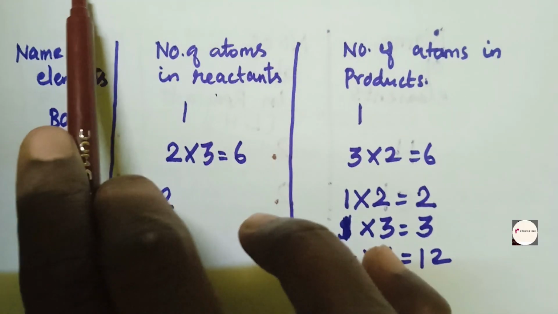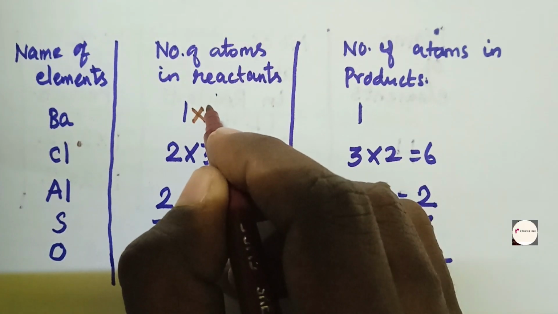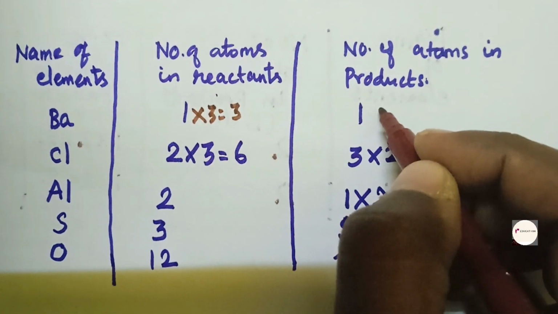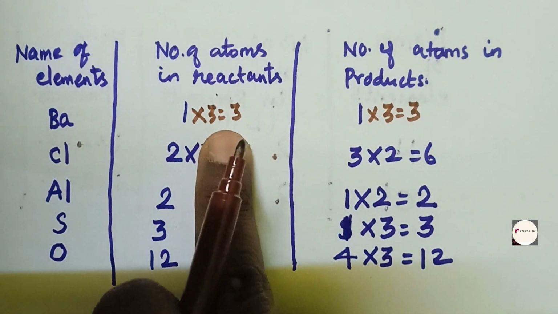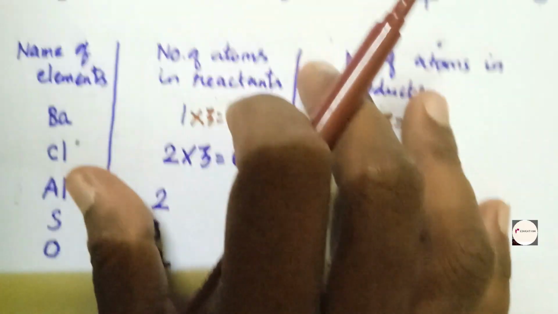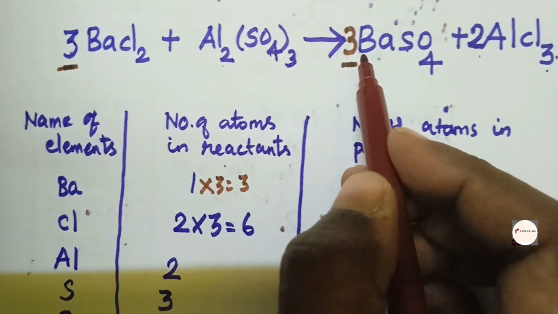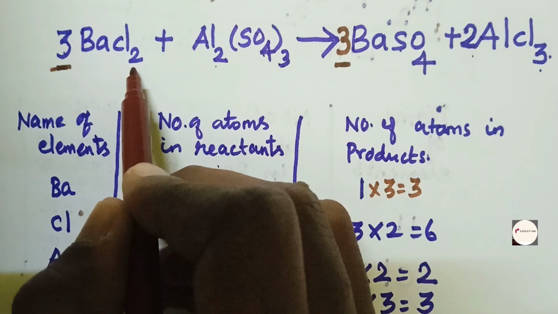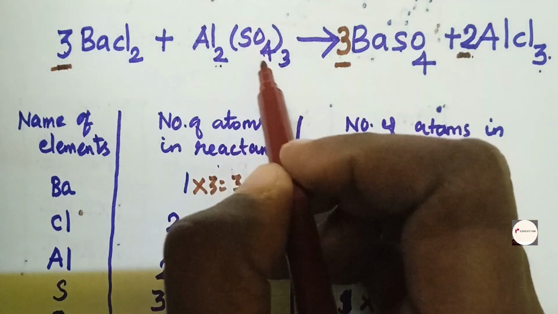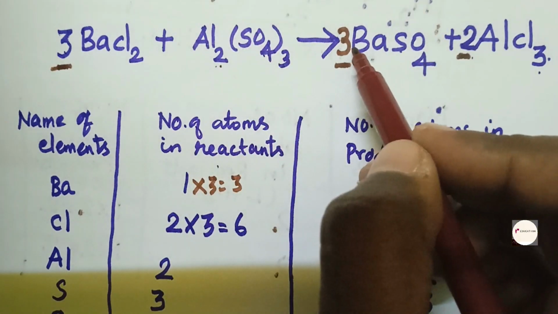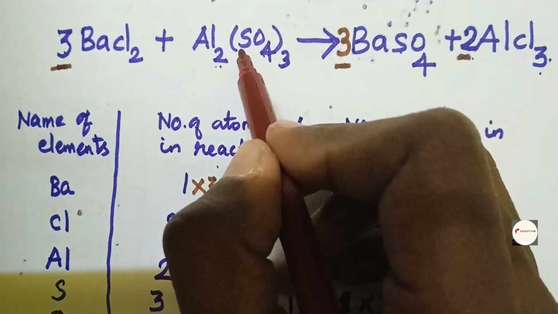Look, now on the left hand side how many barium are there, 3 has come. Here there was 1, because of multiplying, it became 3. Similarly here also there was 1, now 3 atoms have been added. So here 3. Okay, so left hand side barium 3, look here, left hand side 3 and right hand side also barium 3. And the next chlorine, 2 3s are 6, and aluminium 2 and here 2 aluminium. Next oxygen 4 3s are 12, 4 3s are 12. Sulfur 1, here sulfur 3. So look at that, here also sulfur 3.